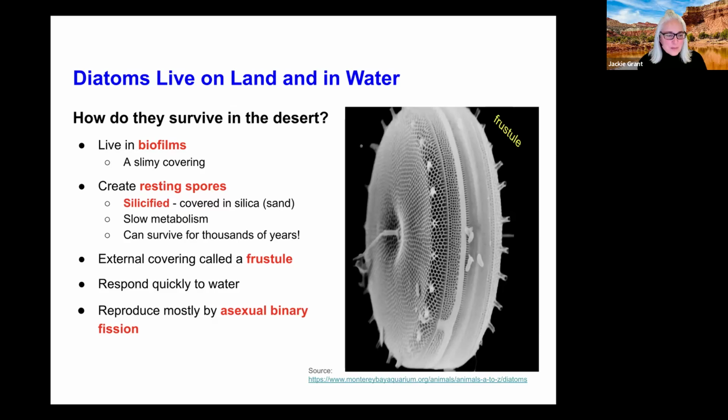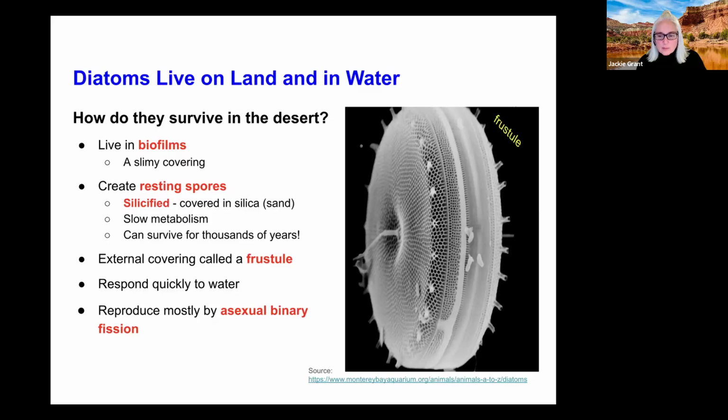It's very, very thick. And once inside this resting spore, the diatom slows its metabolism down to almost nothing. They can actually survive as individuals for thousands of years in this slow metabolic state until they get water again. And that external covering called the frustule protects them from the external harsh desert environment, and they respond very quickly to water once it comes.